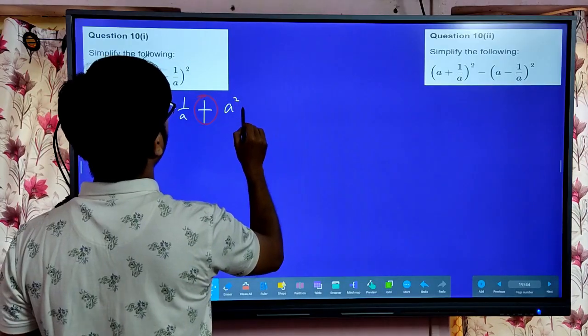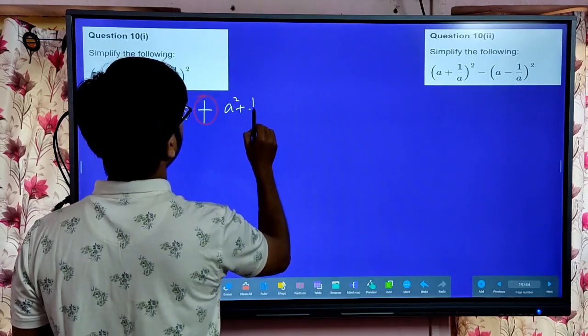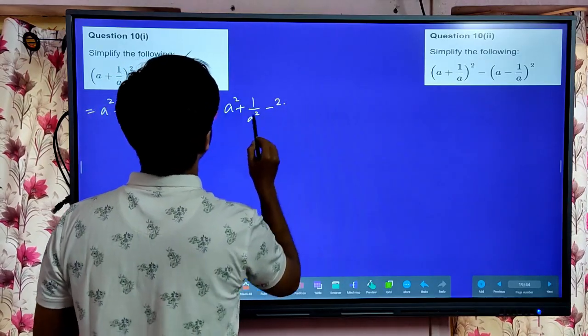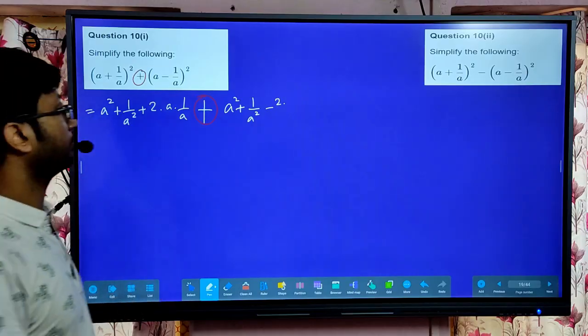This is a square plus 1 by a square minus 2 into a into 1 by a, because it is a minus b whole square over here.